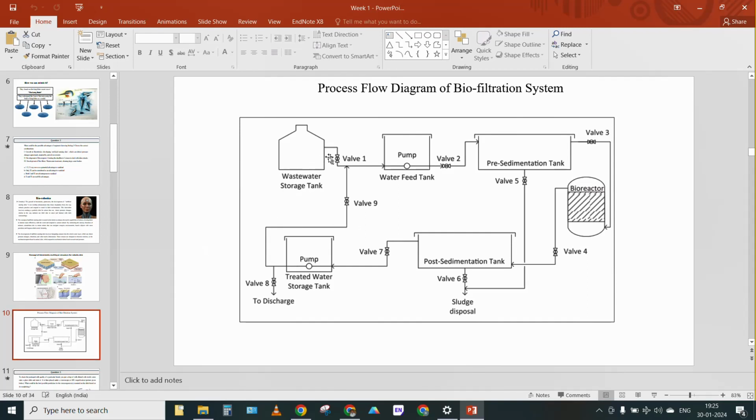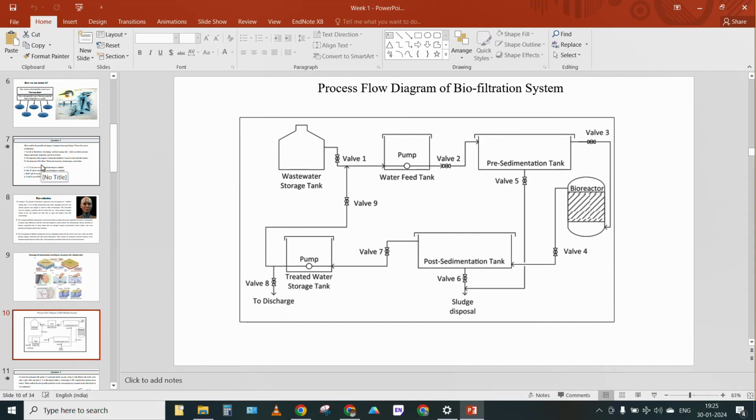Here, there are totally 9 valves. The development of biofilters represents a significant advancement in environmental engineering, particularly in wastewater treatment and cleaning large water bodies. Biofilters are specialized systems that utilize living organisms such as bacteria and other microorganisms such as fungi to break down and remove the contaminants from the water.